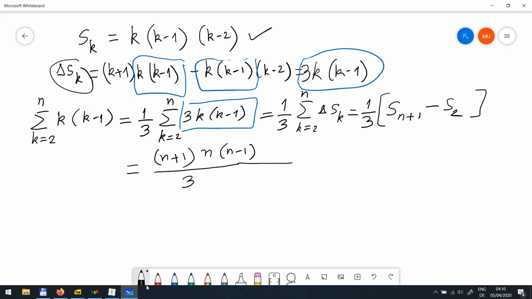And if I plug k is equal to 2, when it comes here, 2 minus 2 is 0, so it will be 0. So I don't need to do anything else. And I have my answer. This n plus 1 times n minus 1 can be written as n squared minus 1 and times n, and you have a nice expression.